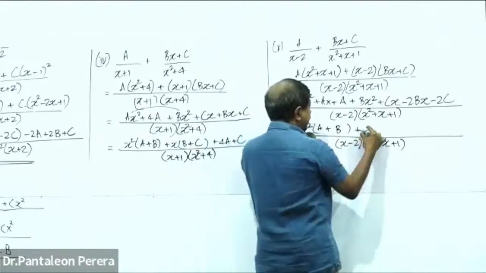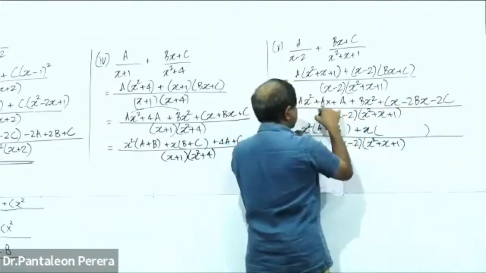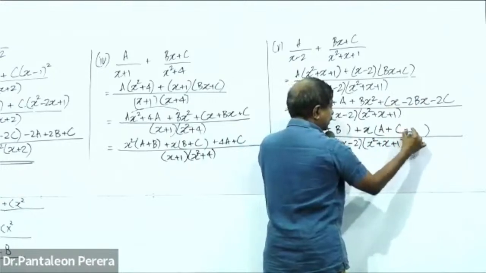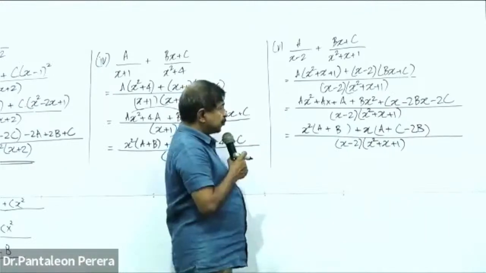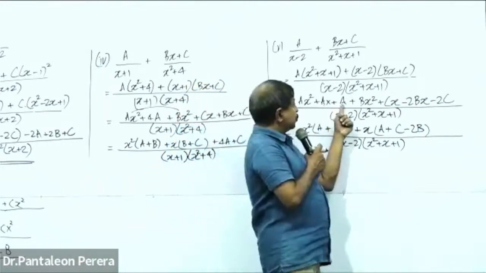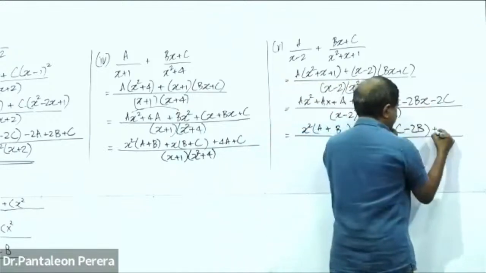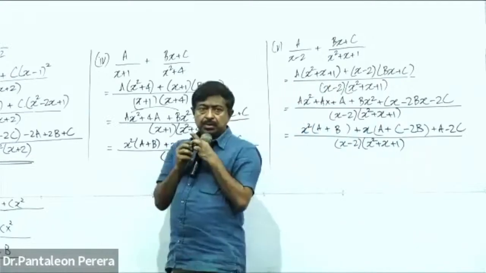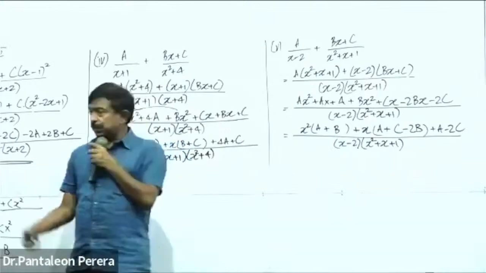There are three terms carrying x. 1, 2, 3. From this you get a. When you pull out x, you get c and minus 2b. Now we have taken care of 5 terms. There are 2 constant terms left, a and minus 2c. Right. So you have to leave the answer like that. Okay, you take that down.